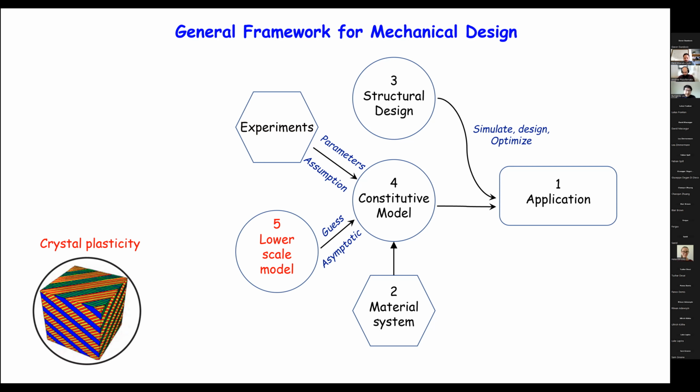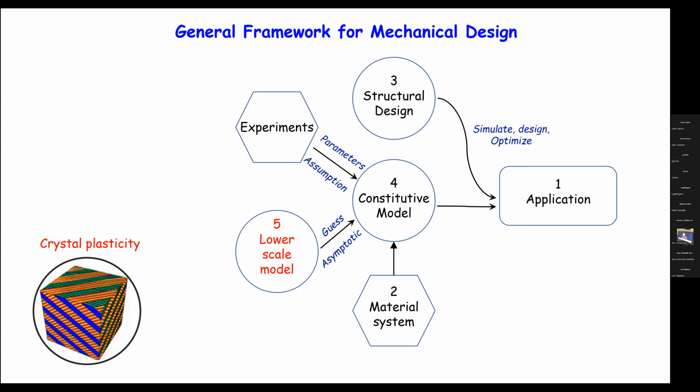If we're looking at metals, for example, we can go to grain levels, look at crystal plasticity, and then conduct the so-called homogenization procedure or asymptotic analysis to basically regulate our lower scale models and come up with the parameters that we can use for the larger scale constitutive model, right?